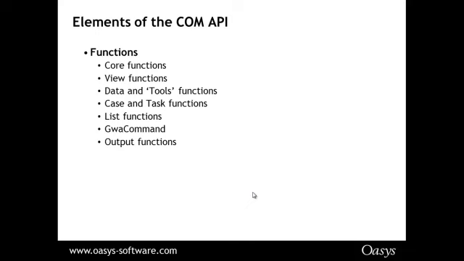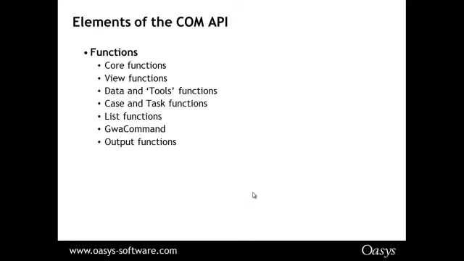Although all these functions are available on a single object, they can be grouped into families depending on the kind of functionality they offer. Core functions are to do with opening and closing of files, saving models, analyzing them, and so on.